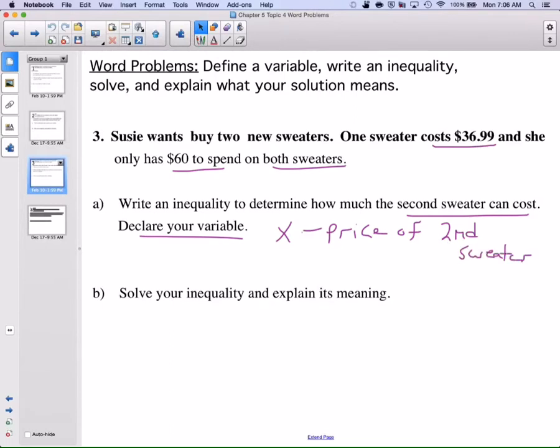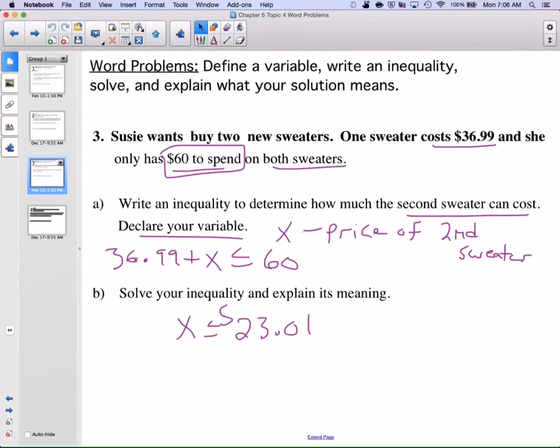So I'm thinking $36.99, the first sweater's price, plus the unknown, has to be less than or equal to $60, because I only have $60 to spend. Solving the inequality, we're simply going to take 60 and subtract $36.99 to get $23.01.